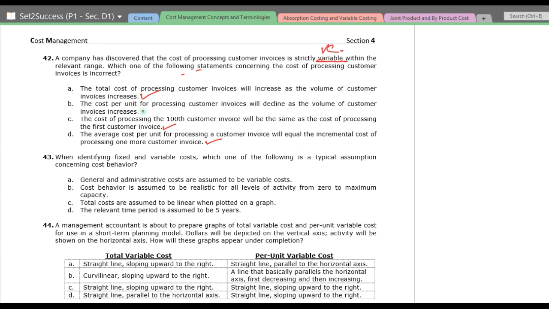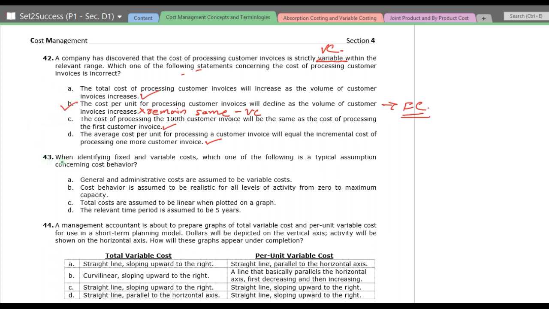The cost per unit will remain the same for variable costs. The decline is true for fixed cost, but they're asking for variable cost within the relevant range. So this is the incorrect option.